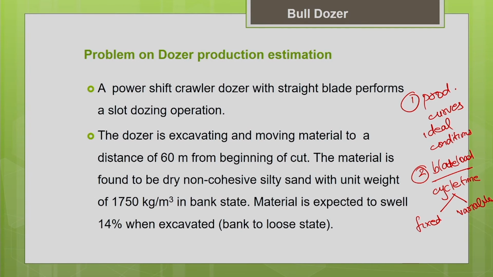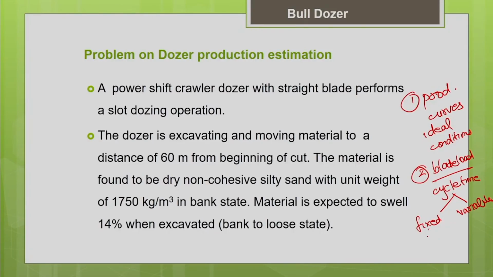Fixed is nothing but your man-hour time, depending upon whether the mode of transmission is direct or manual gear change, or it is power shift mode or torque converter or automatic gear change. Accordingly the man-hour time will vary. Then the variable time: if you know the haul distance, the dozing distance and the speed of the machine, you can calculate the variable time.